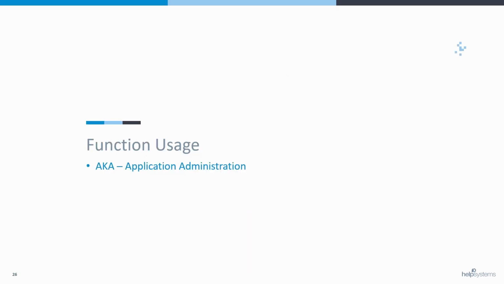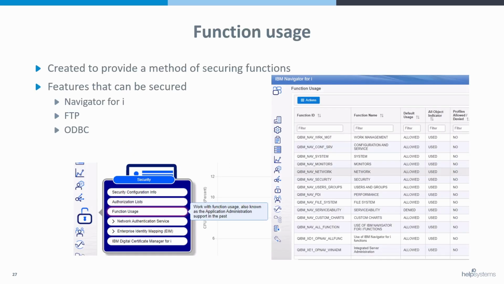Function usage, also known as application administration, is one of those changes that I mentioned at the beginning of the presentation that are coming with the new Navigator. No longer is it called application administration, and it's not located under system management. It now has its own place in Navigator, and it is called function usage.